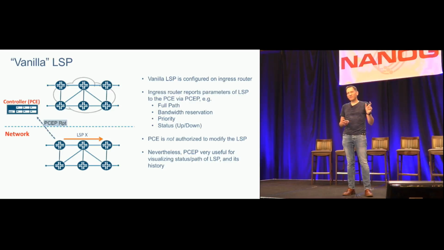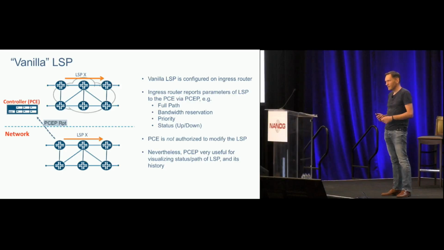And so the controller will be aware of the existence of all of these LSPs and all of their attributes, the precise path that the LSP is following across the network, a bandwidth reservation if it's an RSVP LSP, and so on. And so from the visualization point of view, this is very useful, because you can see the path of the LSP in the UI of the controller, which is much easier than poking around in the CLI of the respective ingress routers around the network.